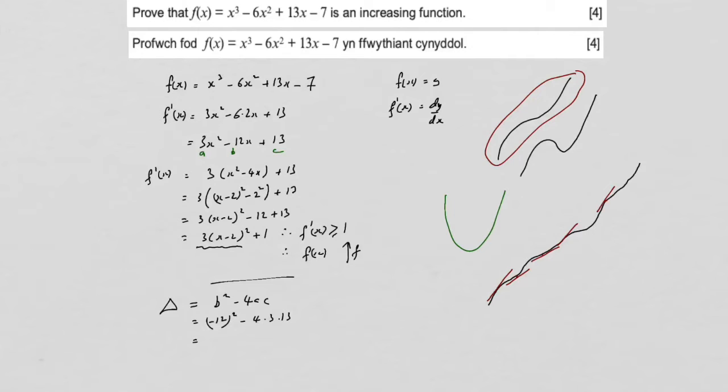And that is actually 12 squared, take away 12 times 13, which means we can see without even finishing working it out, this is going to be less than 0.